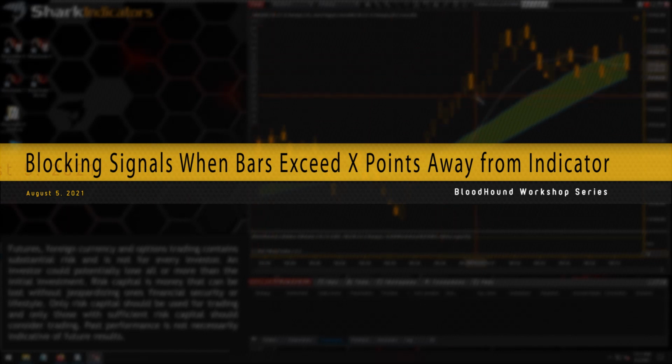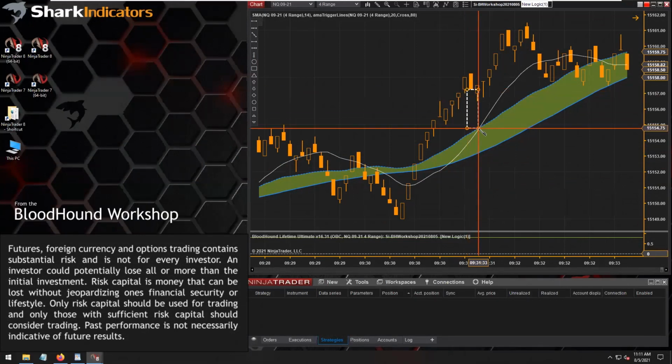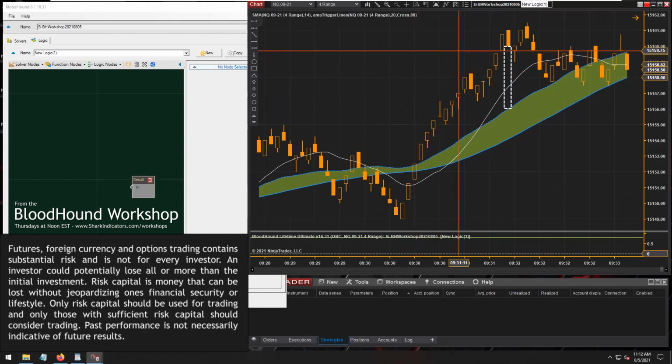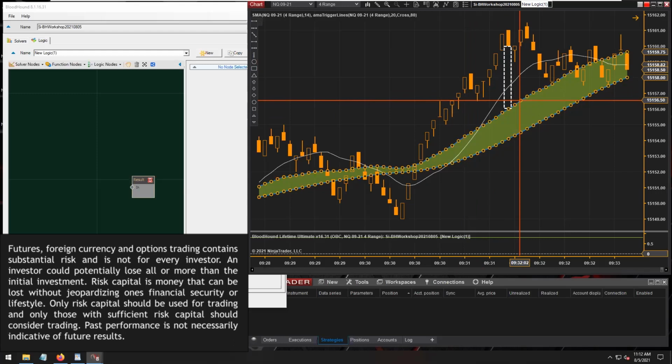So we can identify when price moves away from the trigger lines a certain distance or more. Since I'm on an NQ chart here with a 4 range NQ chart, let's identify when these bars are more than 3 points away from the trigger line.